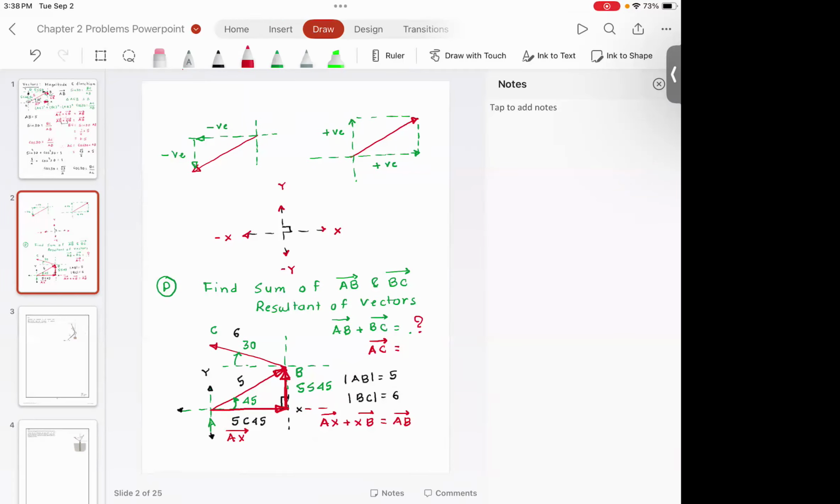Now, you can solve it multiple ways. So, I want to find out the component. Let me write X and Y. Again, this is X and this is Y. I want to find the component of BC on X and Y. What should I do?